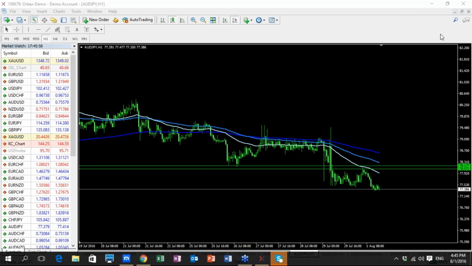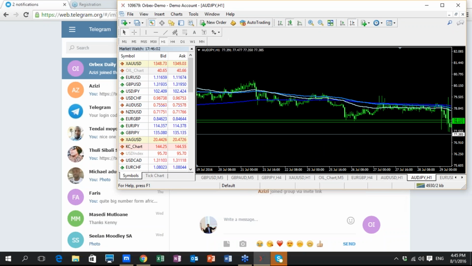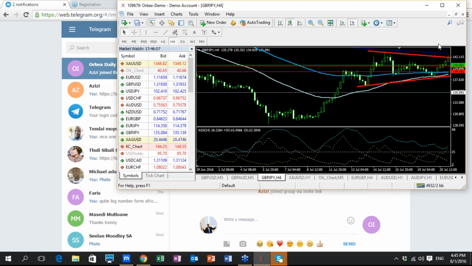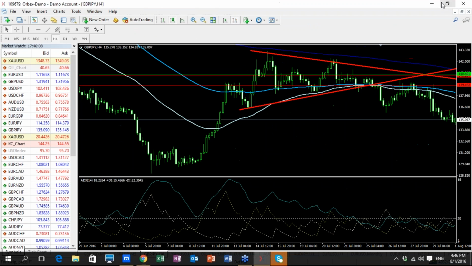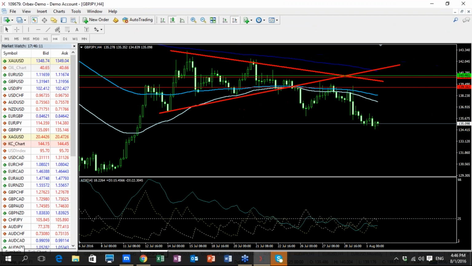Let's look at GBP/JPY as well. GBP/JPY 4-hour chart. Okay, there we go. All right, so GBP/JPY, again, it's against the JPY, well, we have got more signals to the downside due to fundamentals as well.